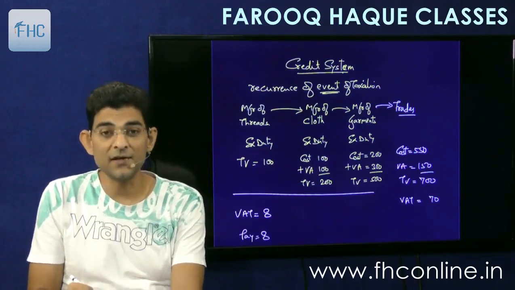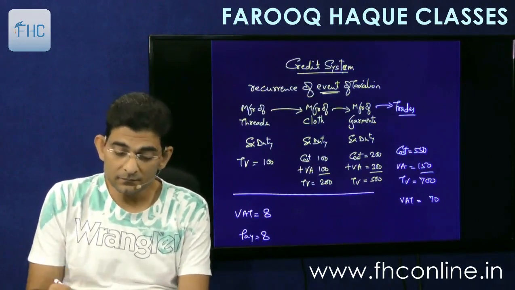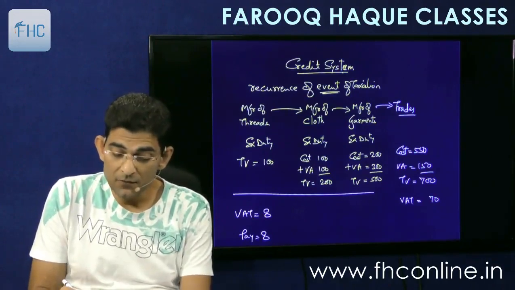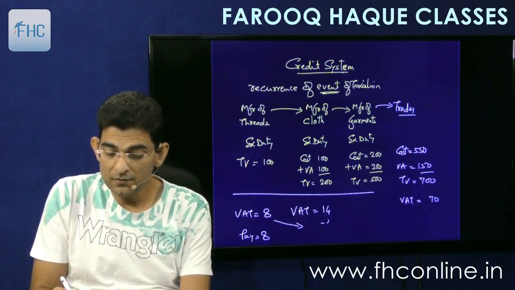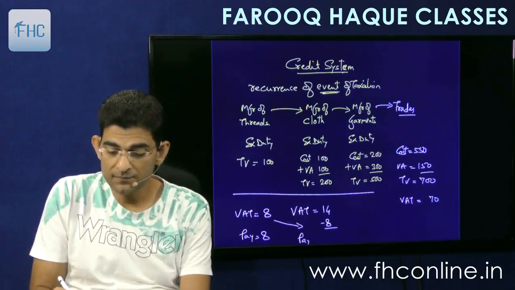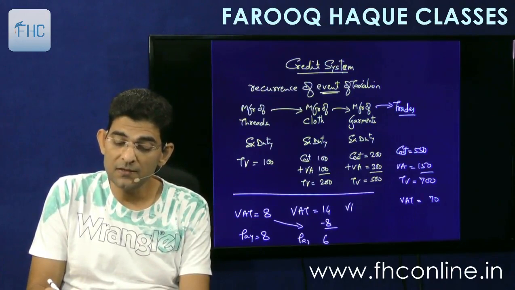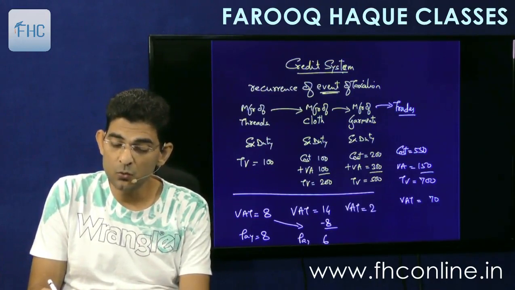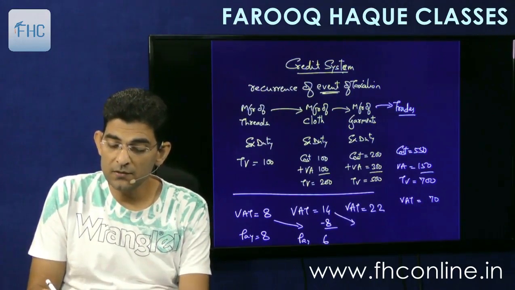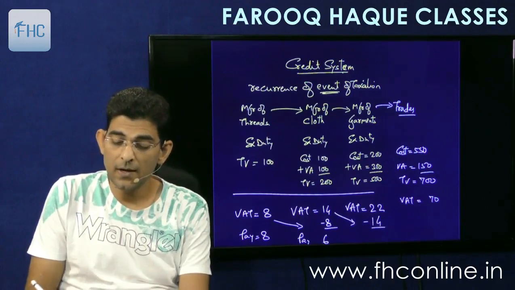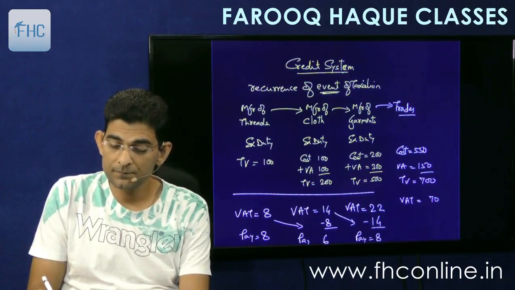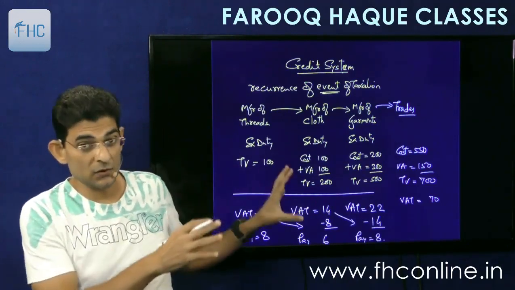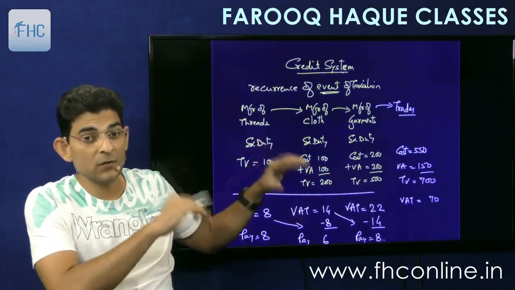He doesn't have any credit. The second person, if his VAT on output is 14, he will get set off of 8 and pay 6. If the third person's VAT liability is say 22, he will get set off of 14 and he will pay another 8, the difference. So these are the manufacturers who first paid excise and now they are paying VAT also.